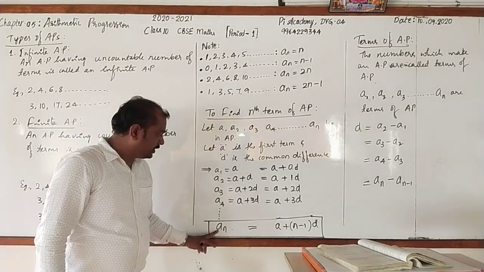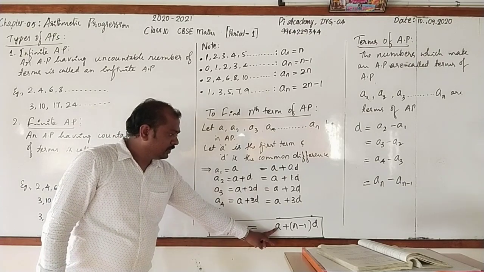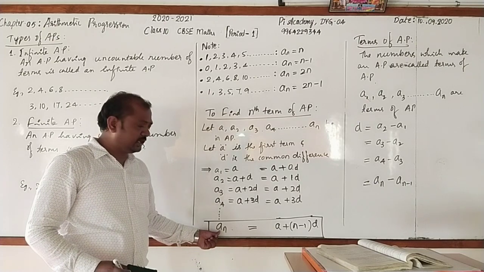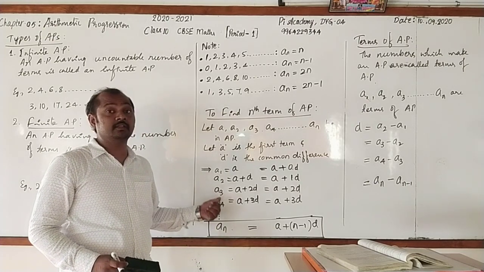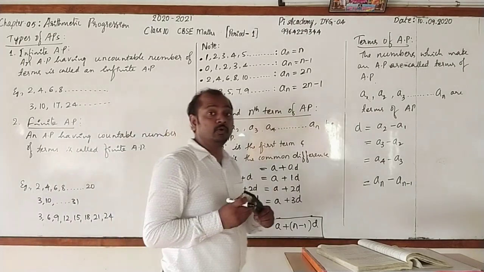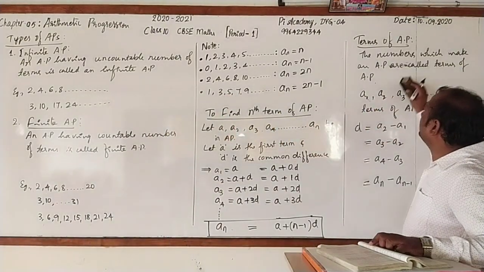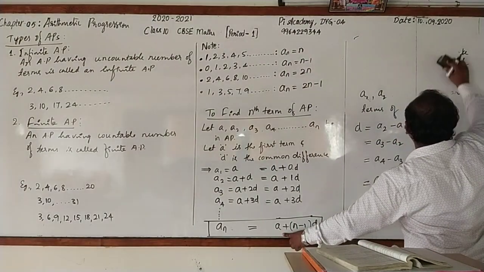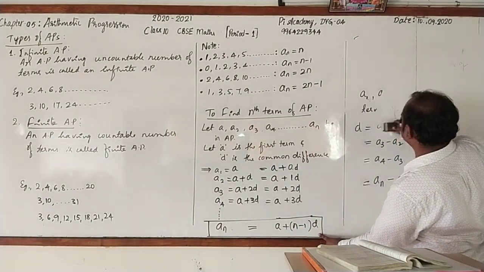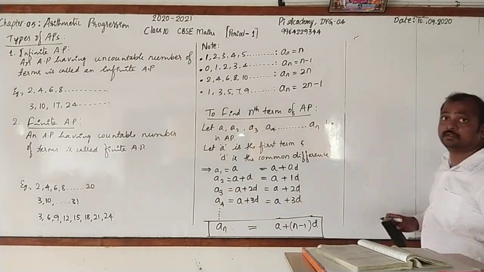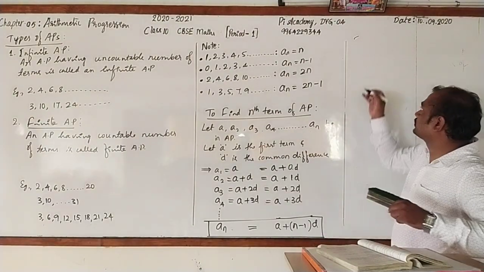Once again: an is equal to a plus (n minus 1) into d, where an is the nth term, also called the last term, and is denoted by the small l as well. Similarly, here a is the first term, d is the common difference, and n is the number of terms. Please do remember.